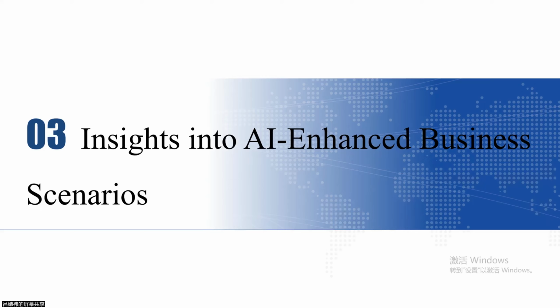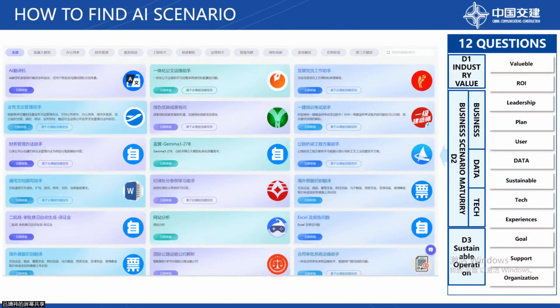The third part we want to share is some insights into AI-enhanced business scenarios. Here are all the agents in WiseWheel. If we want to dig deeper into assistance in business scenarios, we could consider these 12 questions.